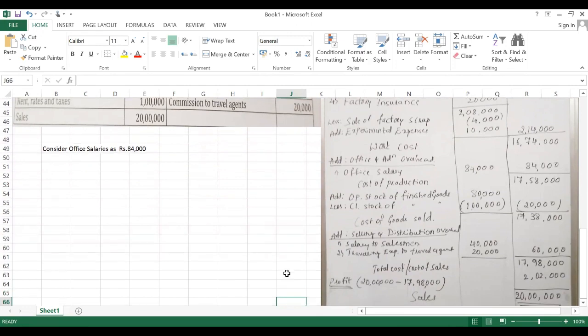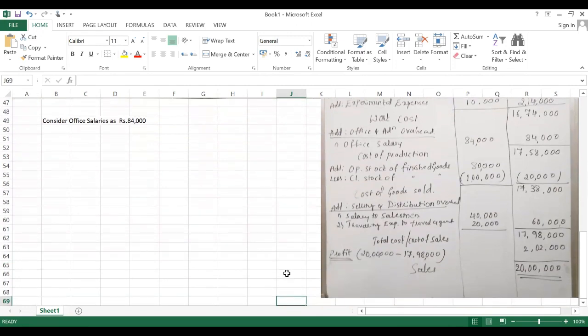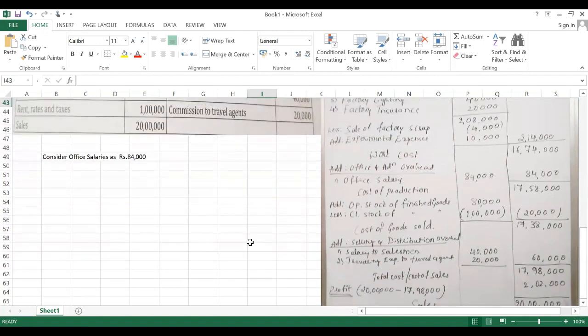And the last overhead is selling and distribution overhead. In selling and distribution overhead, in this question, they have mentioned salesman salary and traveling expenses to some travel agent. So add these two things, and you will get the total cost. Like to produce some product, you have incurred the total cost of that amount, like 17 lakh 98,000 in this case. And here in the question, they have mentioned 20 lakhs is your sales.